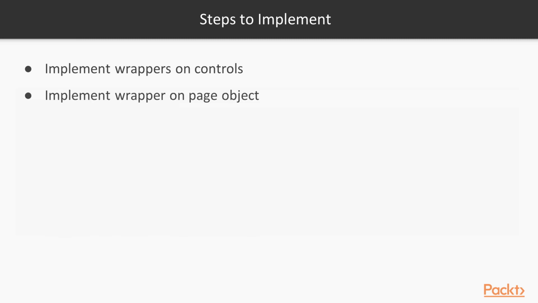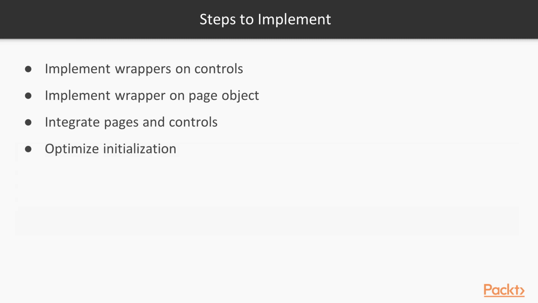Then, we'll implement page objects functionality. After that, the next logical step is to integrate pages and controls under one entity, the page class. After that, we'll have to make some improvements to make such definitions more or less compact. These are the steps we will follow during this section.